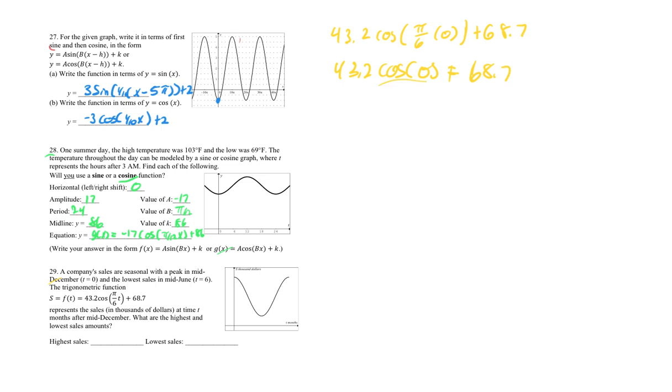We'll see that's cosine of 0. We could plug that into the calculator, or we should recognize that that's a special value of cosine, and cosine of 0 is equal to positive 1. So it'll be 43.2 plus 68.7, and this should equal 111.9, and that is in thousands of dollars.